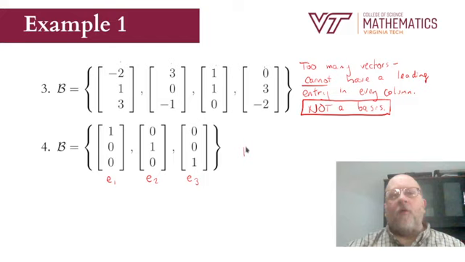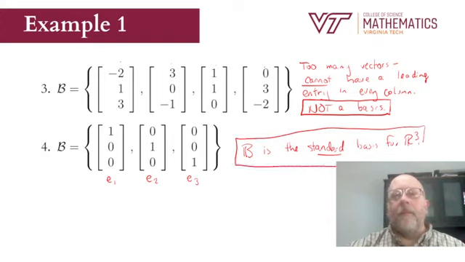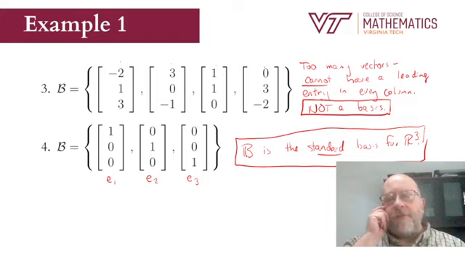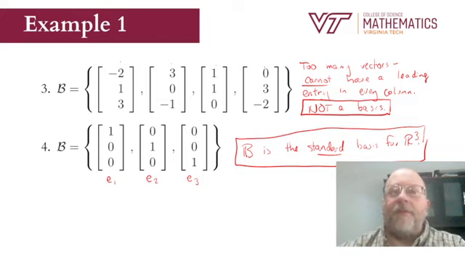This is what we call the standard basis for R3. So yes, it's a basis, but that specific basis has a name. It's called the standard basis. All right, let's move on.